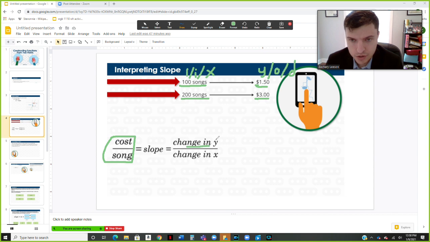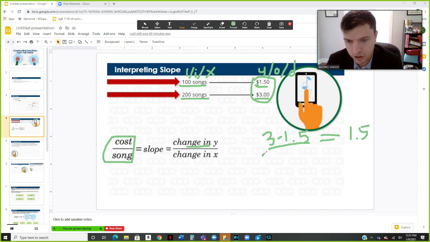Change in Y. So these are my Ys. How much did Y change between these two values? We have $3 minus $1.50, that's going to give me a change of 1.5. And then 200 is my independent here when I had $3.